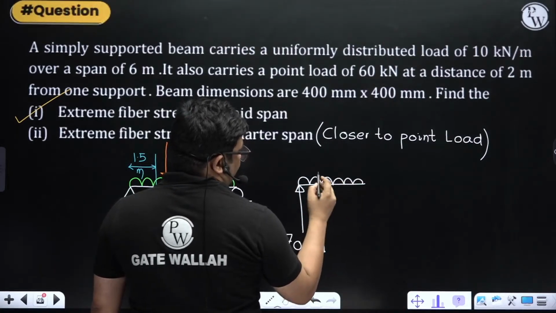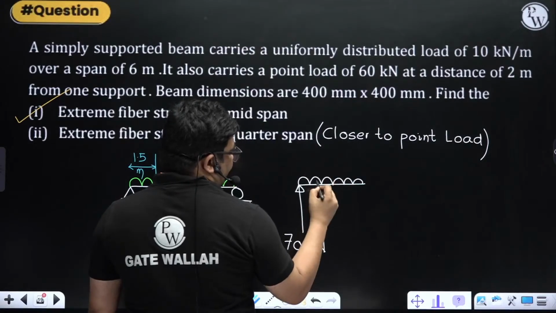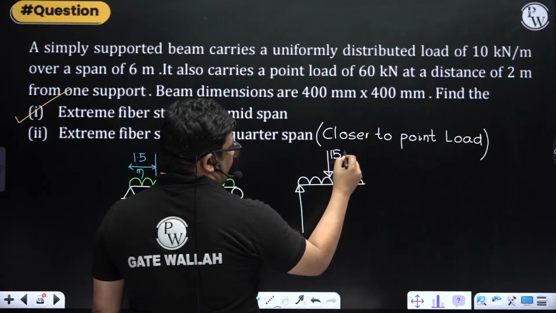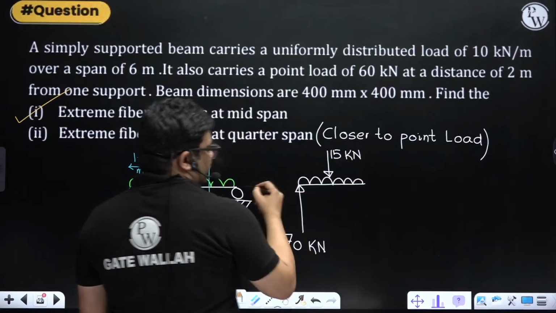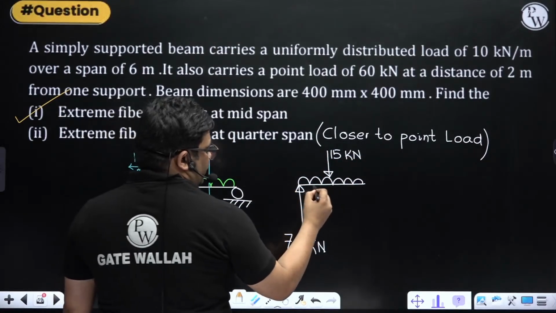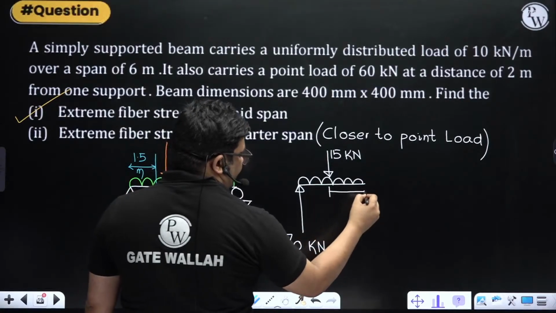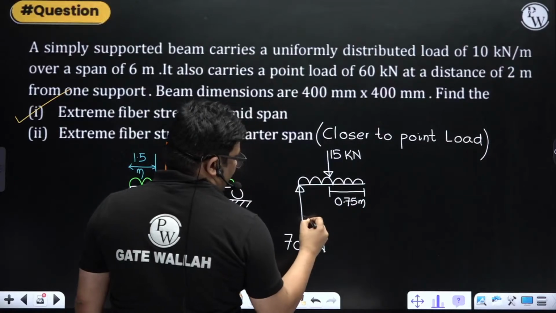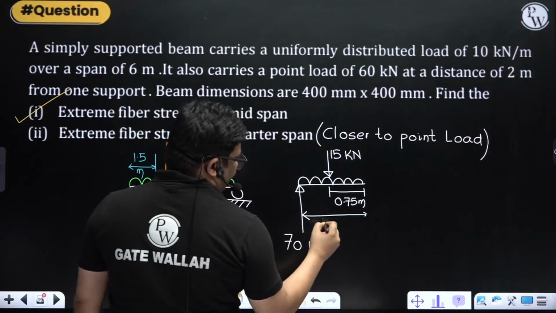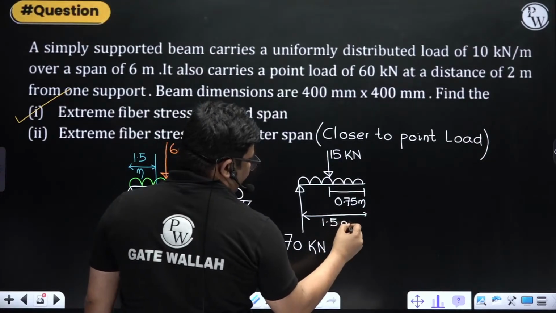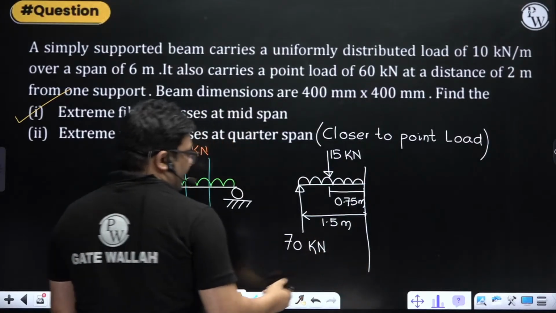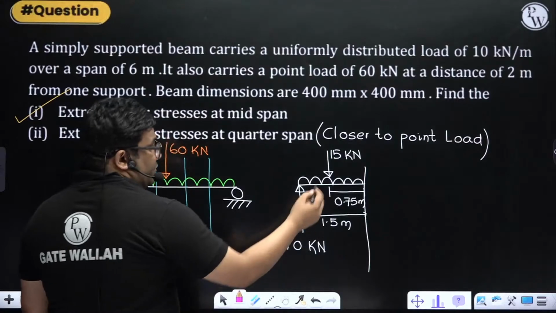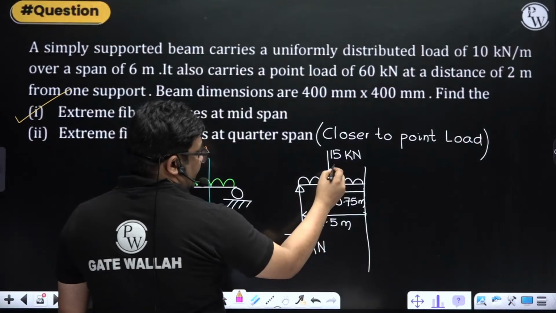The UDL is 10 kilonewton per meter over 1.5 meter, so the total is 15 kilonewton. Its centroid will be at 0.75 meter, and the reaction's distance is 1.5 meter. We want to find the bending moment here, so again I will balance the moments. This 15 one will generate how much?